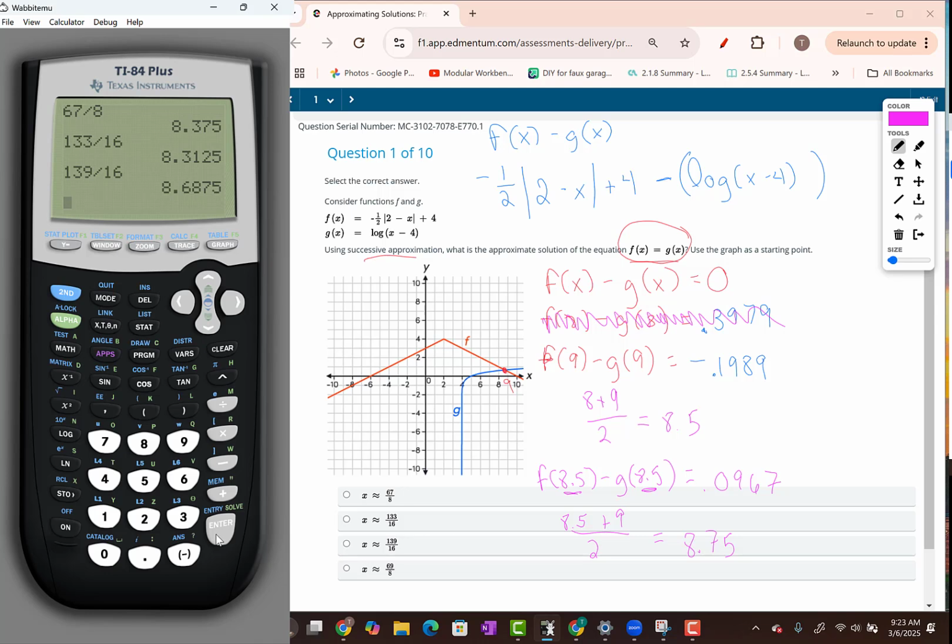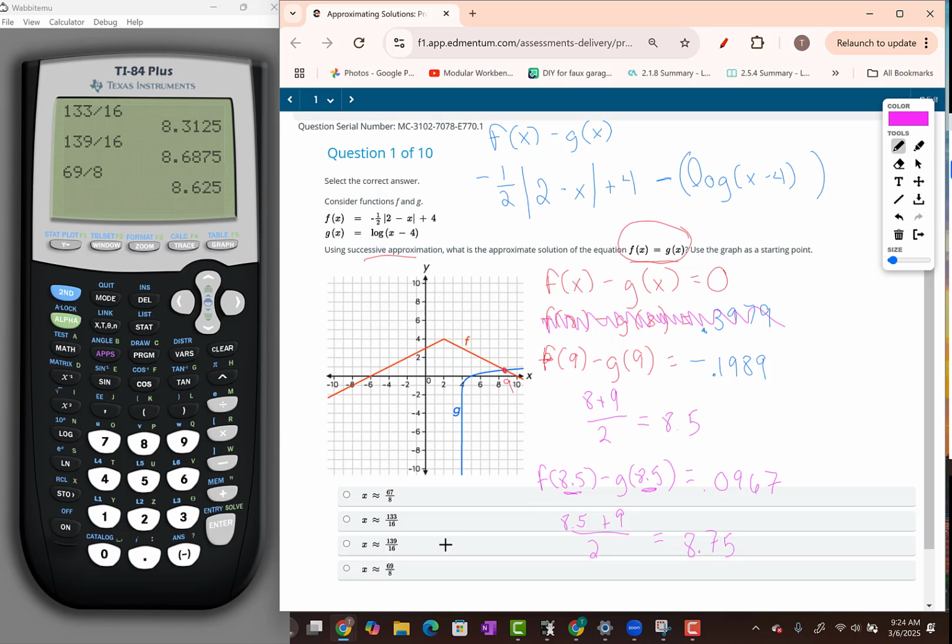Now we're getting closer. So that is a possibility. And then the last answer choice is 69 divided by 8. That one's not too far off, but the third answer choice, 139 over 16, gave us the answer closest to 8.75. So that's going to be our correct answer for this problem. Remember, this is an approximate solution.